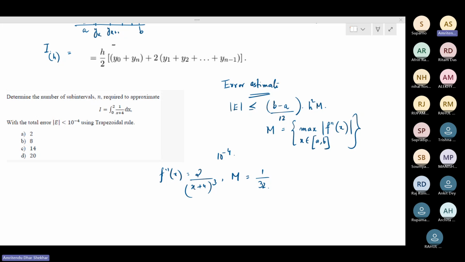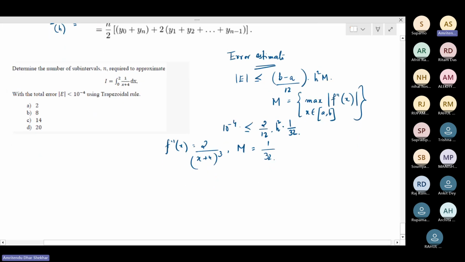So in order to incur an error of less than 10 to the power minus 4, if you plug this in, b minus a is 2, so it's 2 times 12 times h squared times 1 by 32.